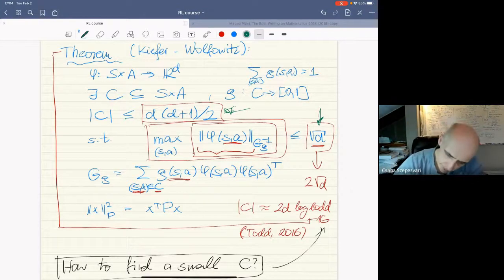This is called optimal experimental design, and it's a whole field on its own.